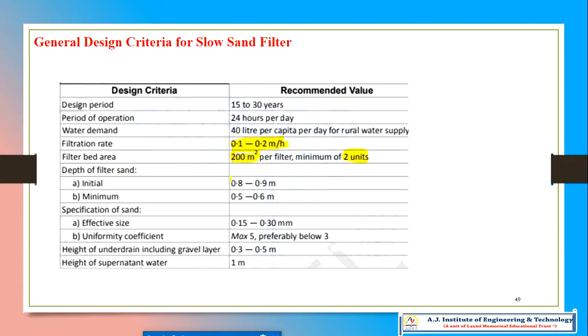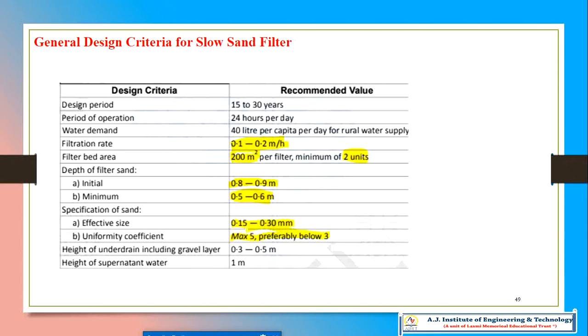The depth is initially 0.8 to 0.9 meter, and minimum it should be 0.5 to 0.6. This is the depth under design criteria. The effective size will be 0.15 to 0.30 mm, maximum 5, preferably below 3.